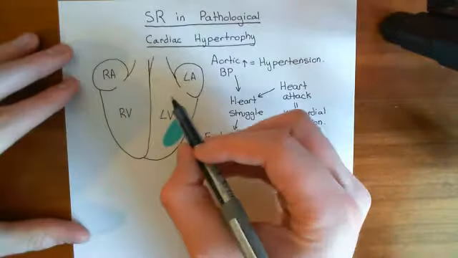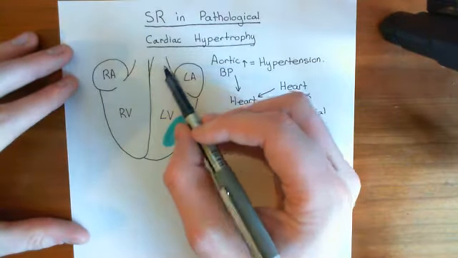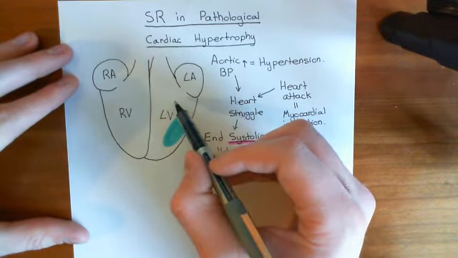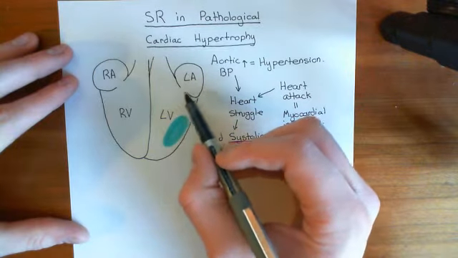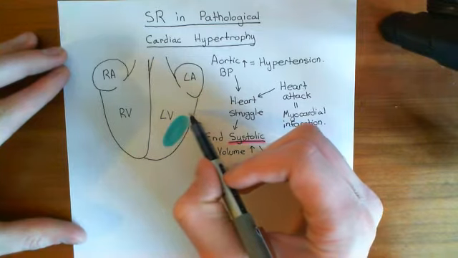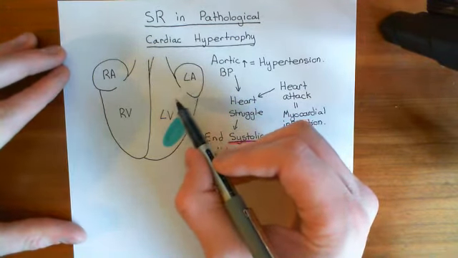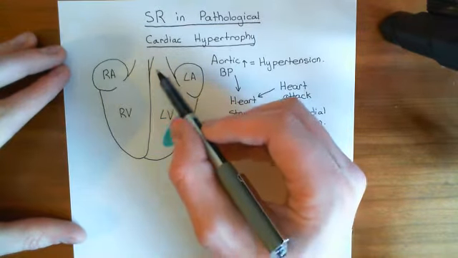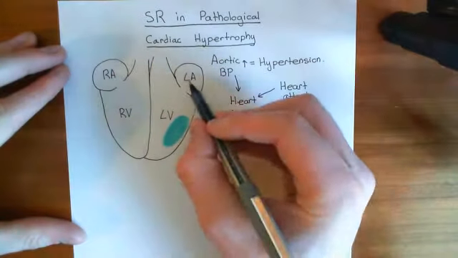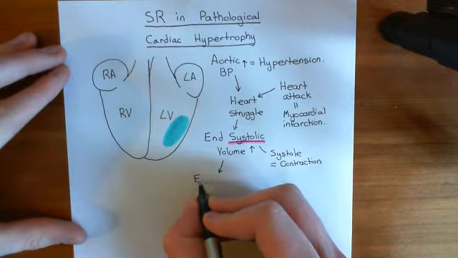The left ventricle is now pumping less blood into the aorta, but the left atrium will still pump the same amount of blood into the left ventricle, which means that gradually the left ventricle is going to accumulate more and more blood, because the left atrium is providing the same amount of blood into it, but the amount it's expelling has gone down. Okay, so this is going to mean that, another fancy term, the end diastolic volume goes up.